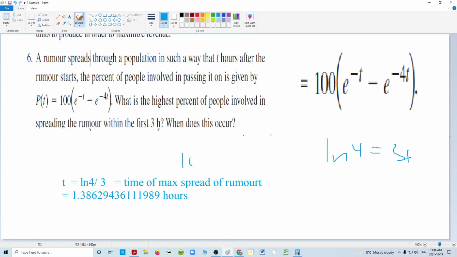It's going to be 100 times e to the negative this minus e to the negative 4 times that.